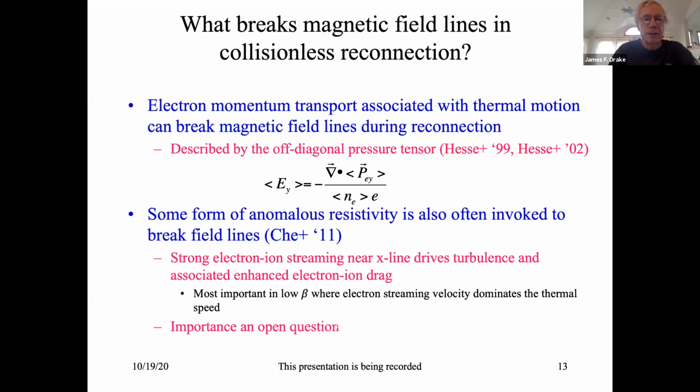It's pretty clear that this is likely to be most important in low plasma beta systems, where the streaming velocity of electrons can exceed the thermal speed. However, whether it's important, especially in the case of the magnetosphere, is still an open topic of discussion, and I think there are disagreements in the field. I'm not going to spend a huge amount of time on it in this talk, but I will show you a few things.